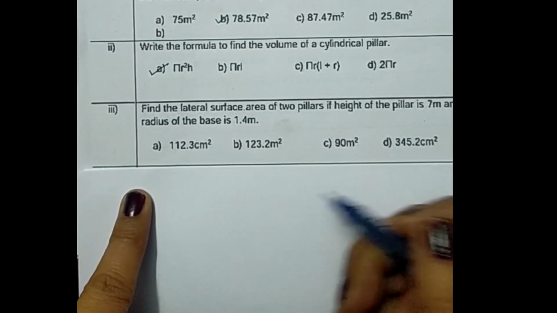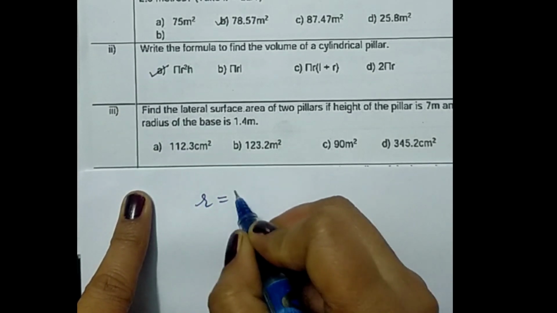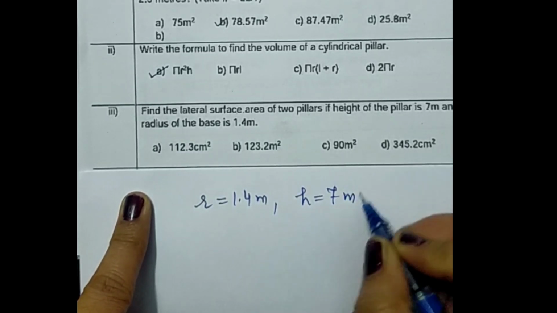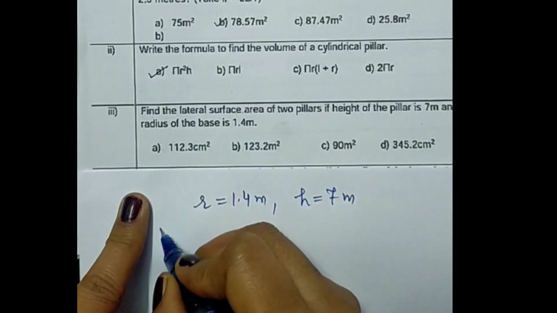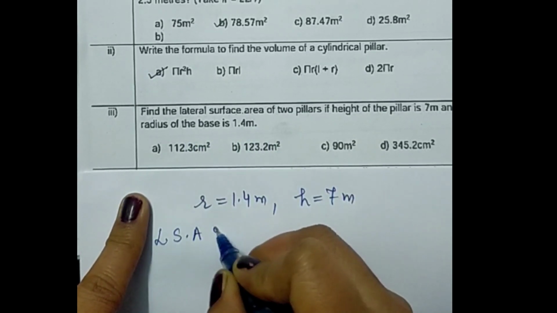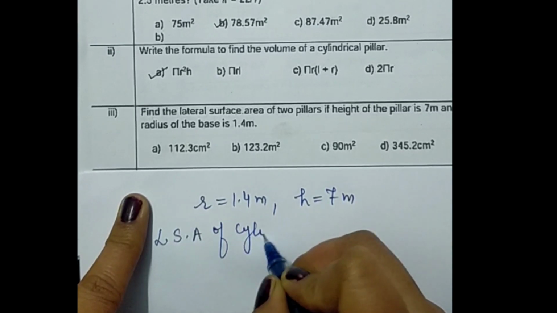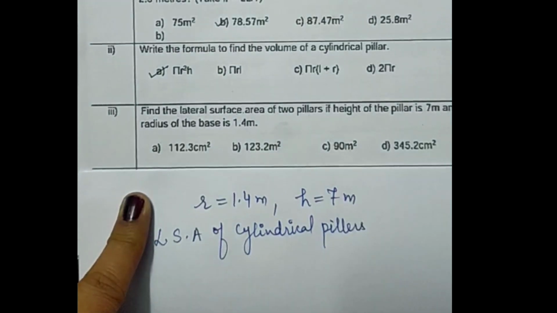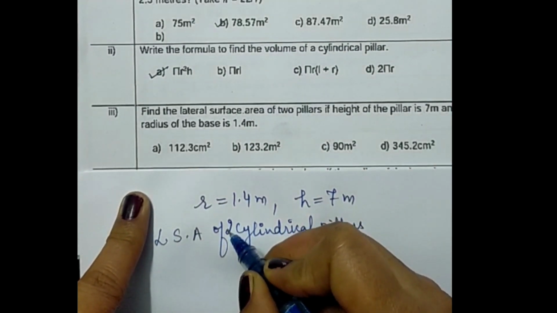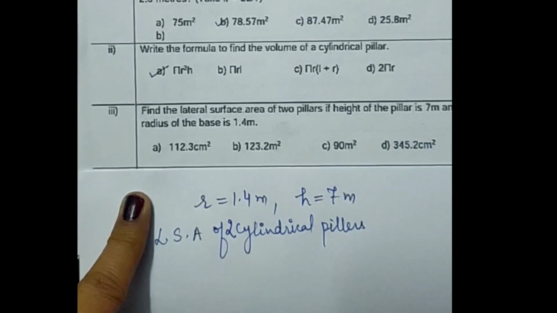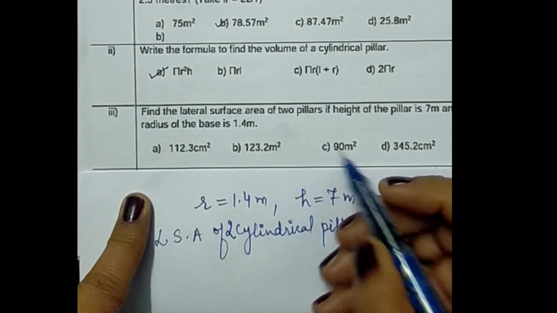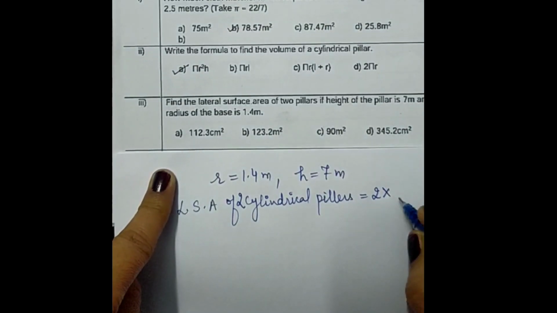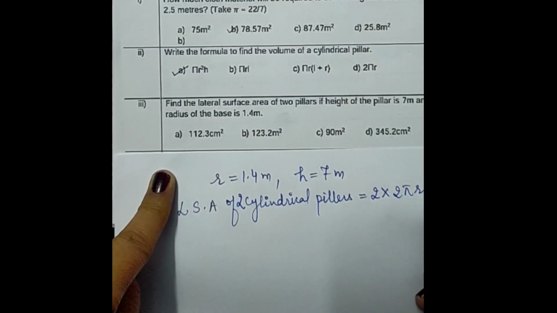So now the radius is given to be 1.4 meter and height of the pillar is given to be 7 meter, and we know that lateral surface area of cylindrical pillar, there are basically two pillars, so I'm writing 2 here. It is mentioned over here, 2 pillars. So 2 into 2 pi r h.